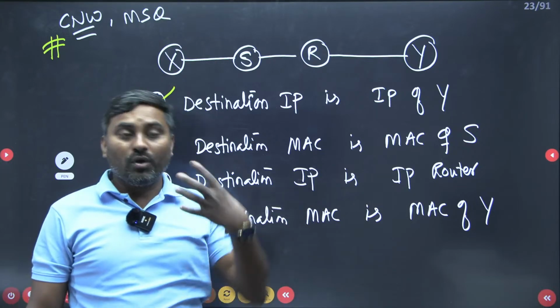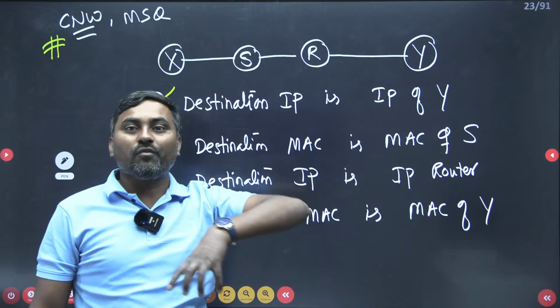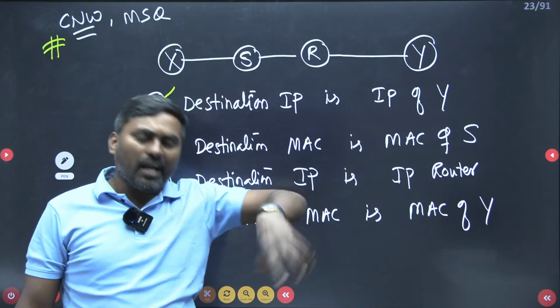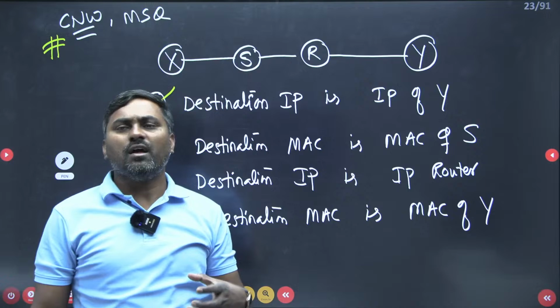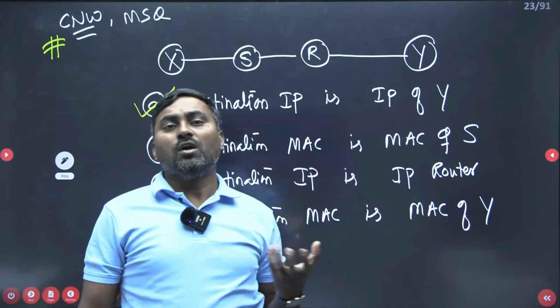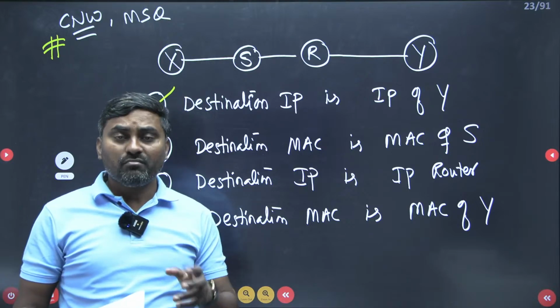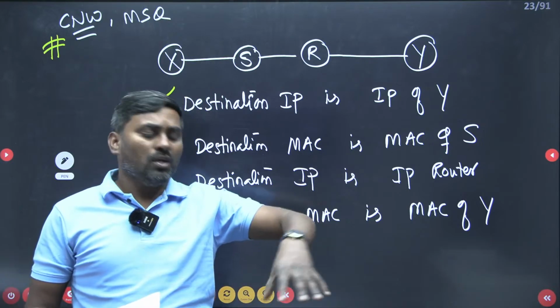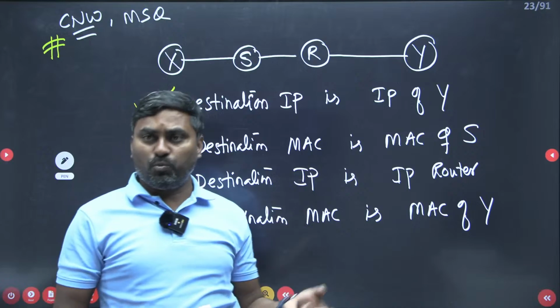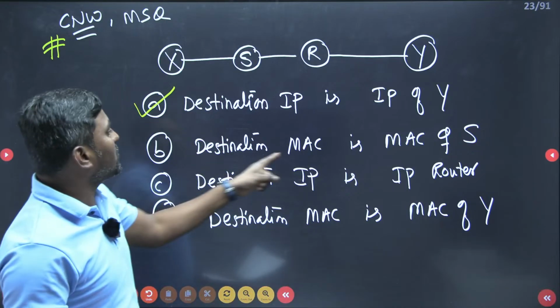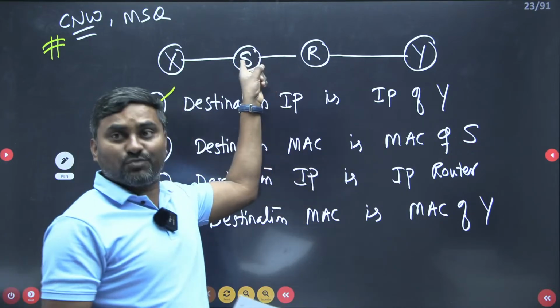Only the nearest gateway, switch or router, will I have its MAC address. So we send out an ARP request. When the ARP request is broadcast, the nearest router or switch will respond with its MAC address. So the destination MAC address is of the nearest one, the switch.